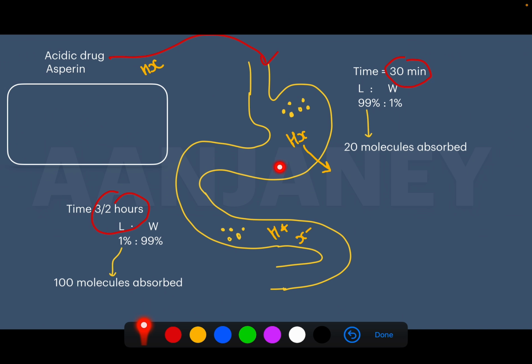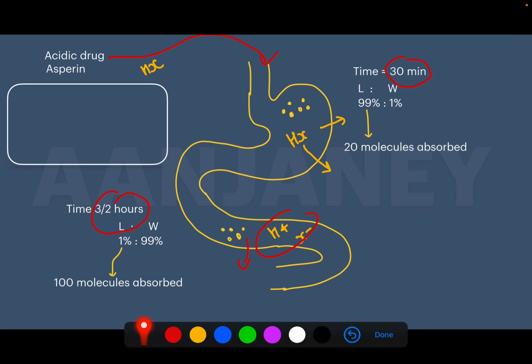But when this drug comes in the intestine, I know it is mostly water soluble but 1% is lipid soluble, right? So from that 1%, 100 molecules are absorbed because time is more. 3.5 hours the drug is sitting over here. So it can be absorbed more from here and less from here.